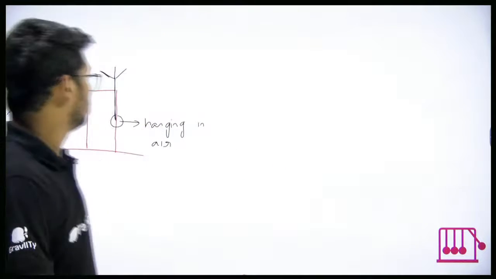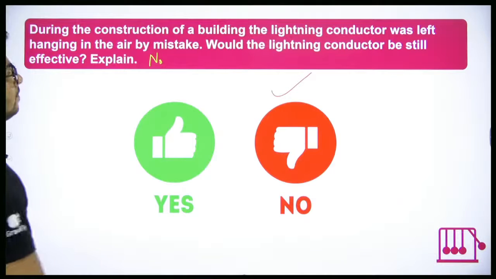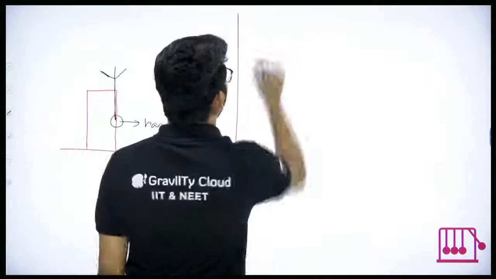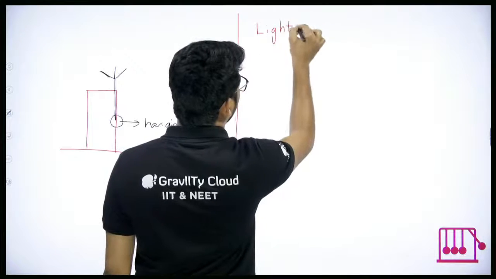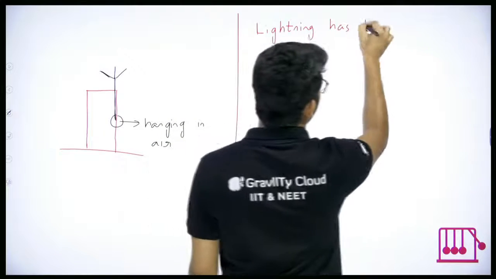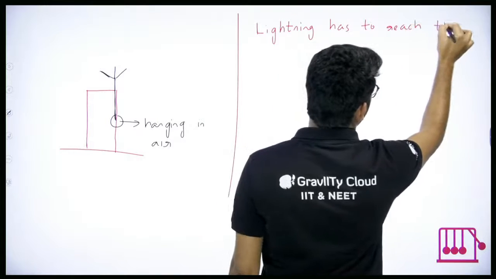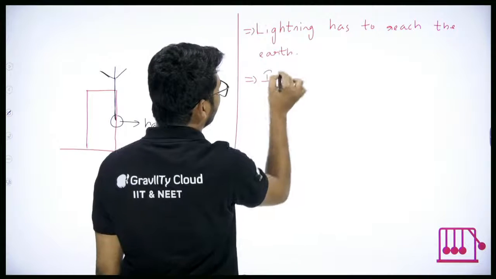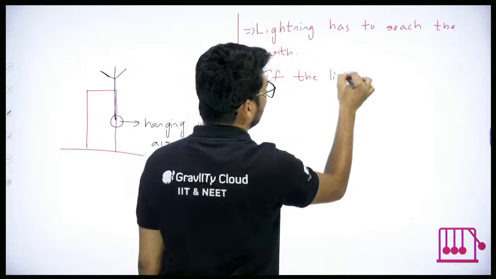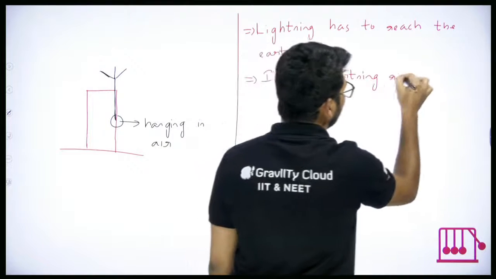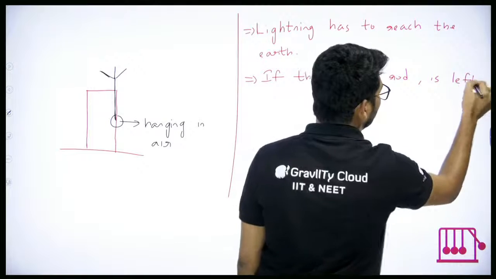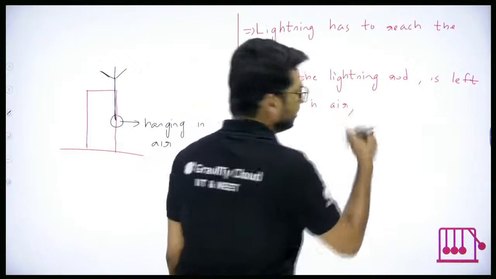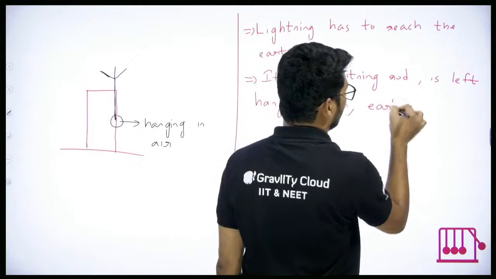That is the reason why it should be connected deep into the ground. So you can say lightning has to reach the ground or reach the earth. So if the lightning rod is left hanging in air, earthing is not done properly.